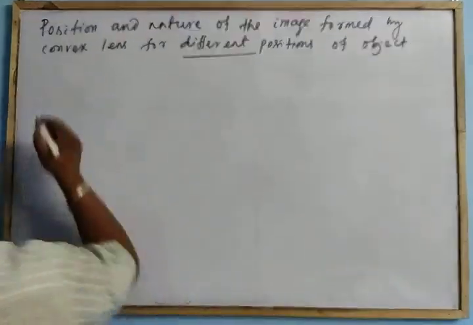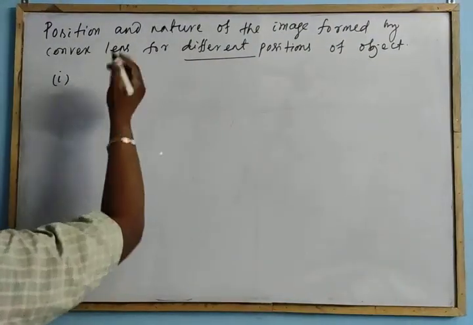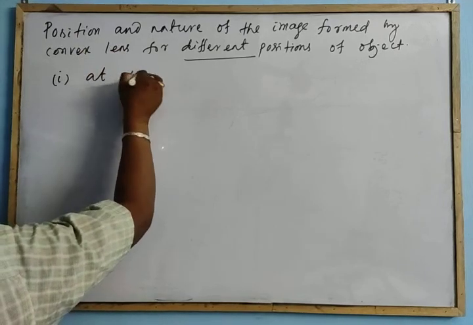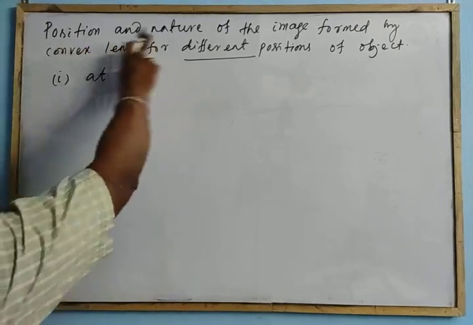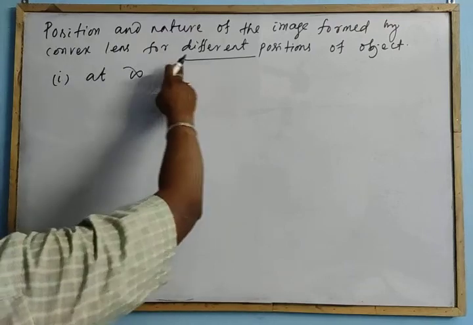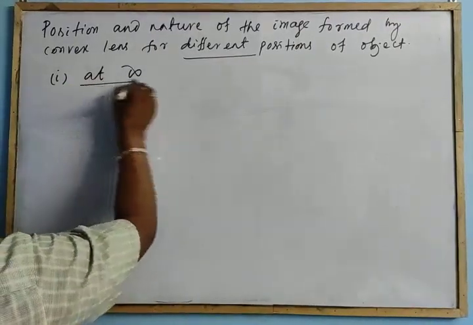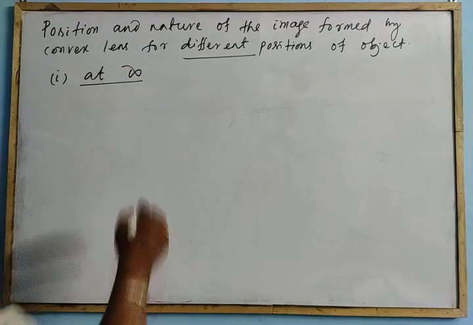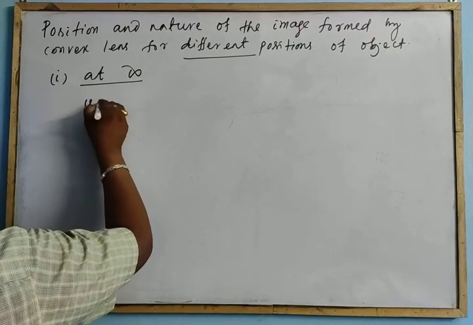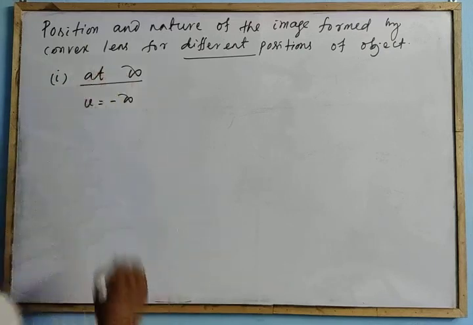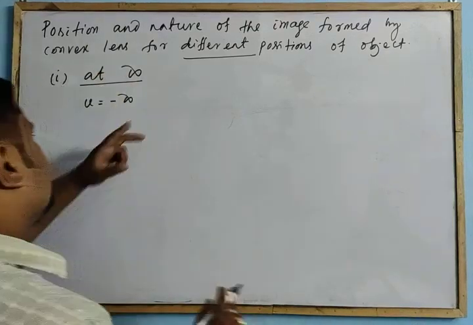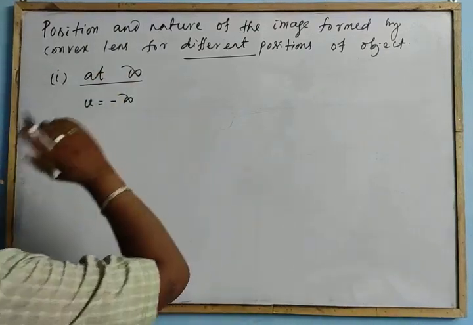So the first position: suppose the object is at infinity. Position and nature of the image formed by the convex lens for different positions of the object. Now the object at infinity, how do we find where the image is? When the object is at infinity, I will take u equal to minus infinity. Generally the object distance is negative, as the object is placed on the left side.